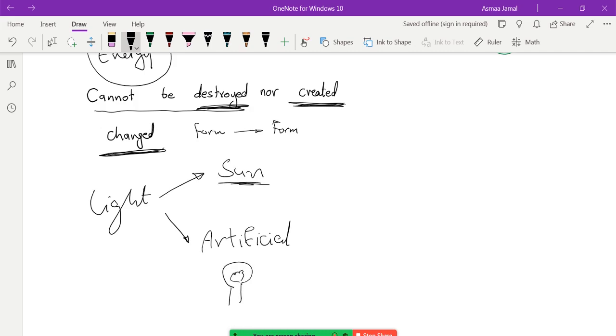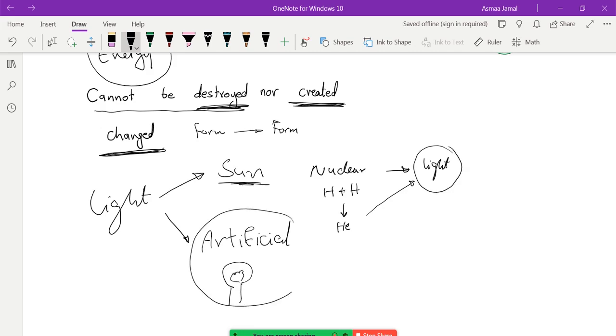In the sun, the natural source, we change the nuclear energy into the light. In the sun, a very high temperature combines one hydrogen with another hydrogen to form helium. This will give a very high source of energy, which is the electromagnetic waves or the light.